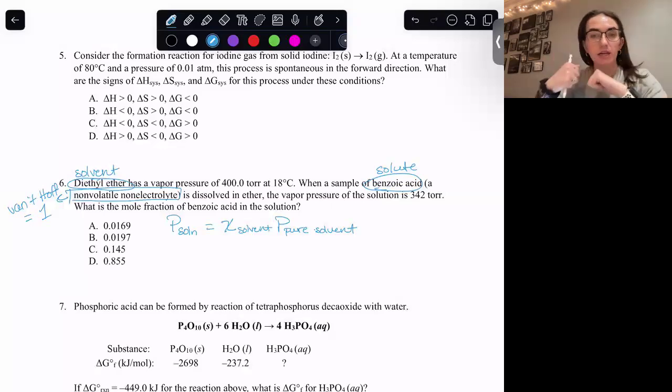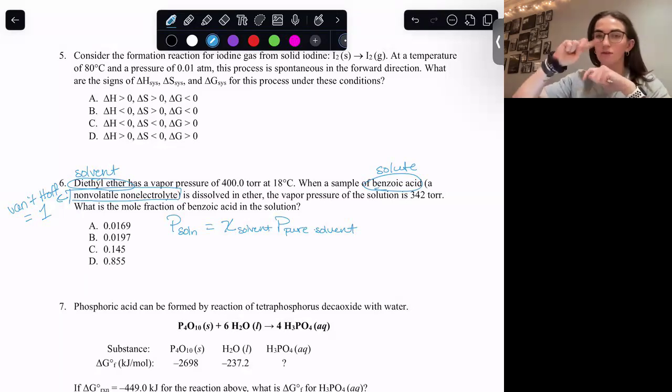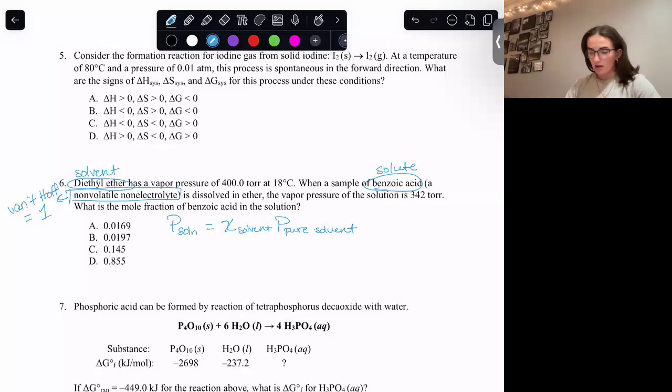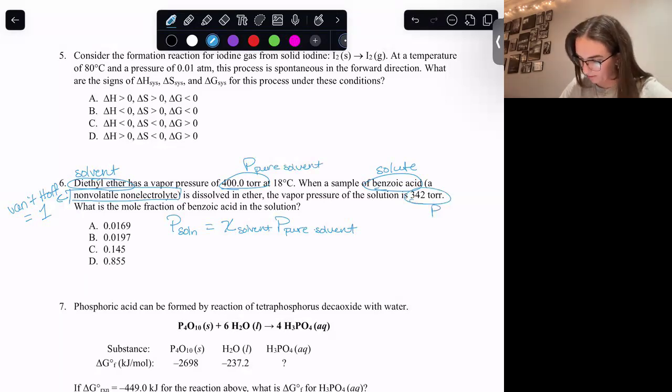You have things competing now in the solution, and so it's not always going to be that solvent that's escaping into the gaseous phase or coming back down into the liquid phase. You have other particles competing to do that as well. So here we're given 400 torr, and this is the pressure of the pure solvent. And then we're given 342 torr, and this is the pressure of the solution.